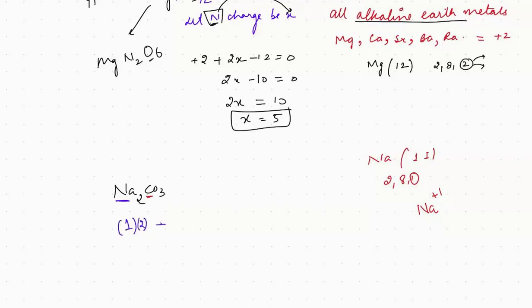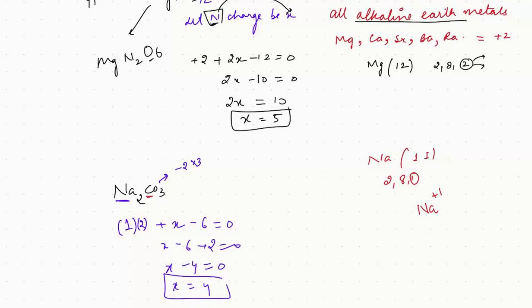Let carbon's charge be x, and oxygen charge is -2 times 3, so -6, equals 0. So x minus 6 plus 2 is 0, so x minus 4 is 0, so x here is going to be 4. Carbon's charge here is +4. Did you understand the point? Any doubts in this?